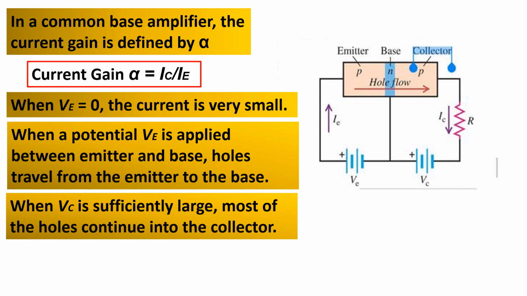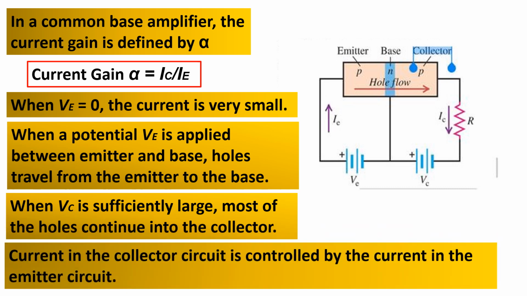All right, for large output voltage VC, the collector current is also large, but that current IC is controlled not by the base current, but by the emitter current in the circuit. So that's different from what we discussed earlier, right? In the common emitter circuit or amplifier, it is the base current that controls the collector current.